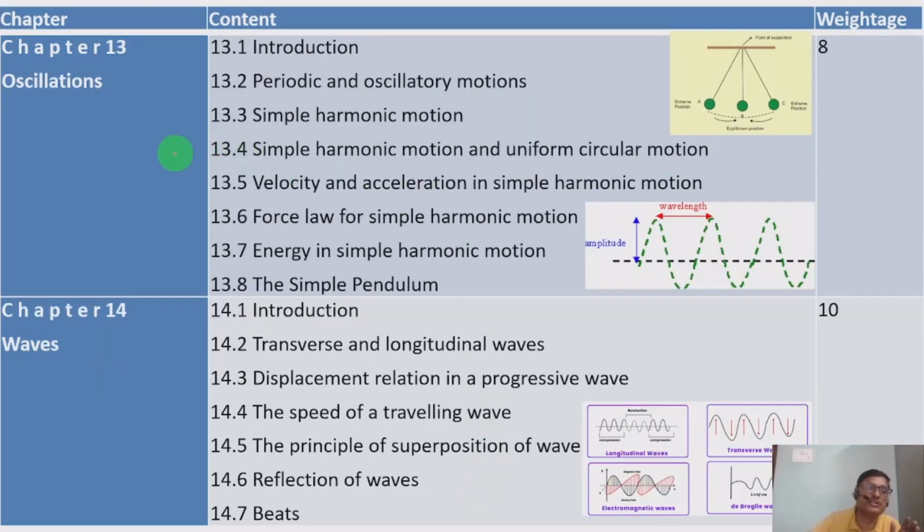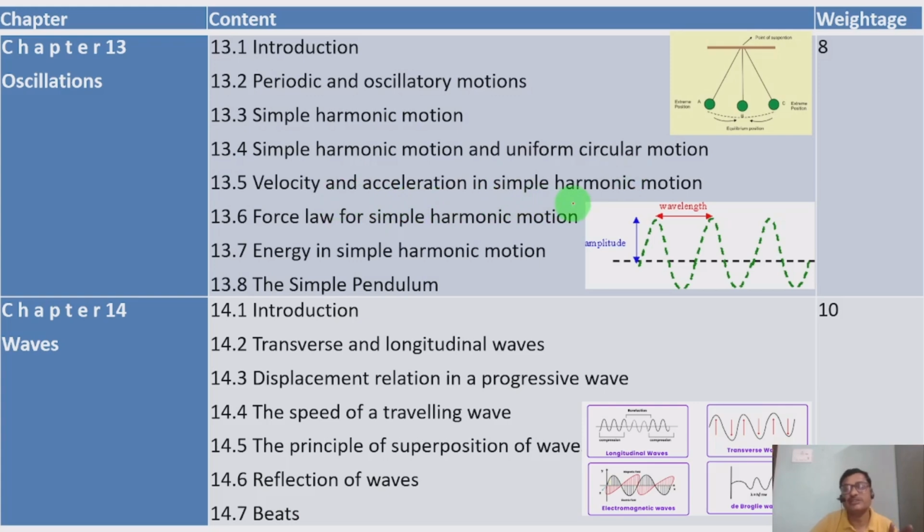Next, moving further, Chapter 13, Oscillations. When oscillations come to our mind, it is the oscillation of the pendulum, which is one example of oscillation. Other oscillations that are there, we will also study in this chapter. 13.1 Introduction, 13.2 Periodic and oscillatory motions, 13.3 Simple harmonic motion, 13.4 Simple harmonic motion and uniform circular motion, 13.5 Velocity and acceleration in simple harmonic motion.